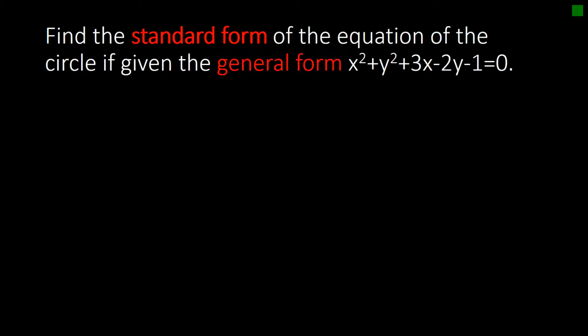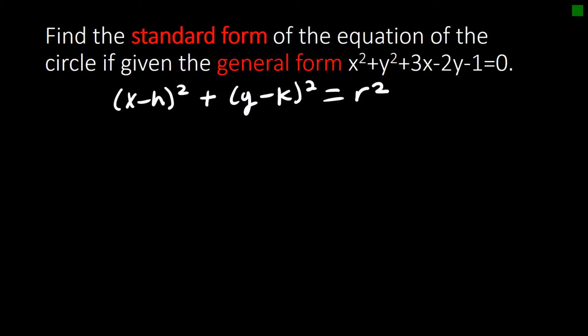Let's look at another one. We want to find the standard form. Again, that's our (x - h)² + (y - k)² = r², if we're given the general form. So we have x² + y² + 3x - 2y - 1 = 0.